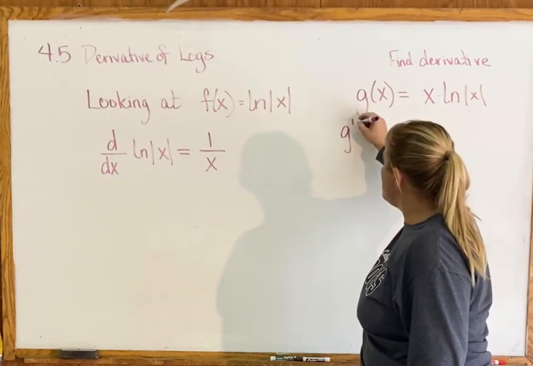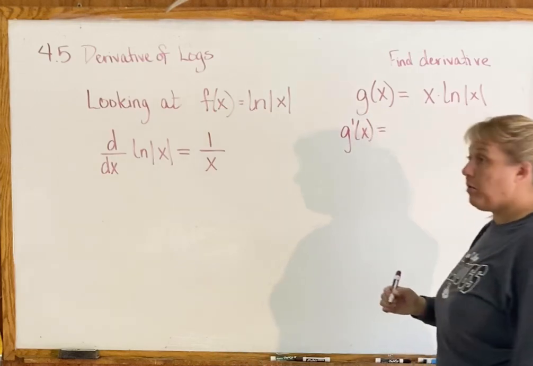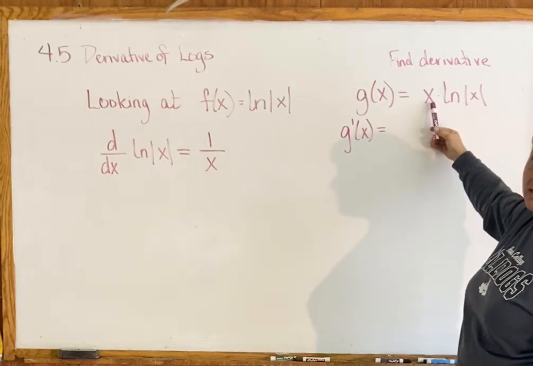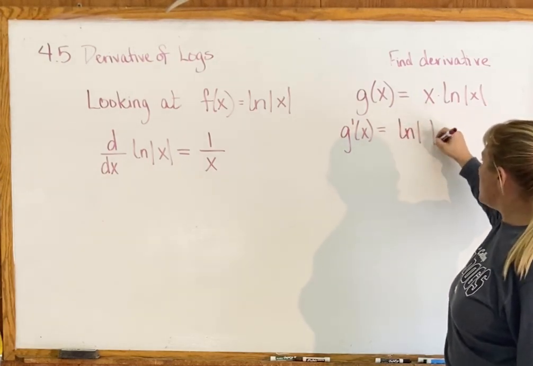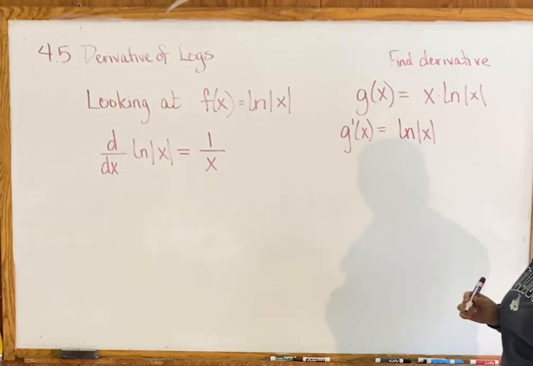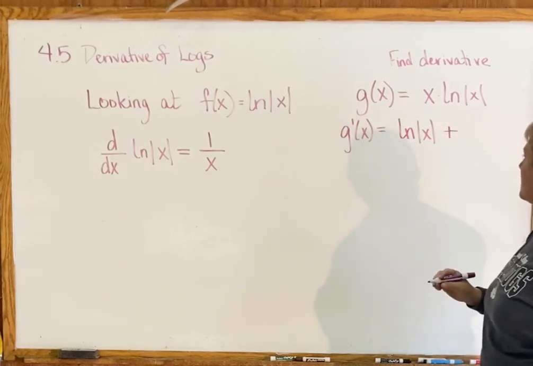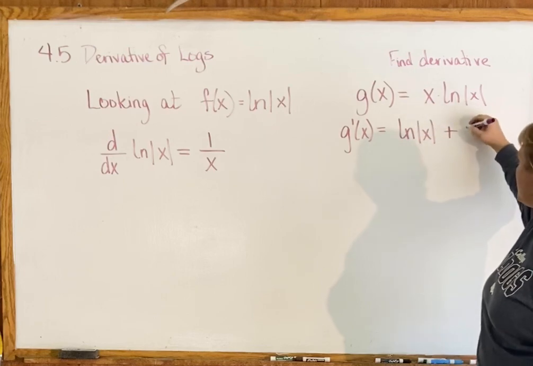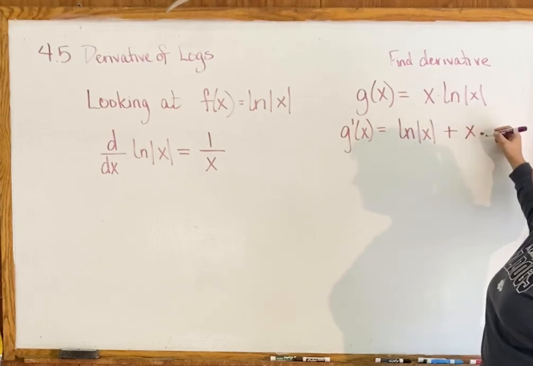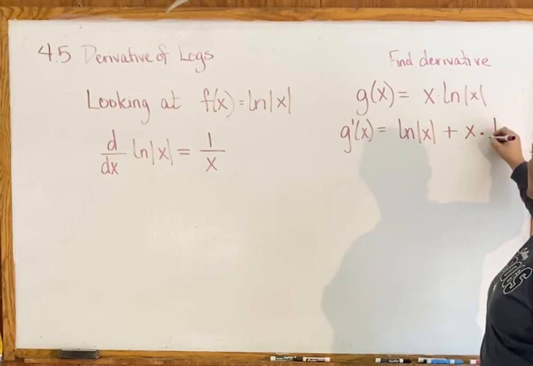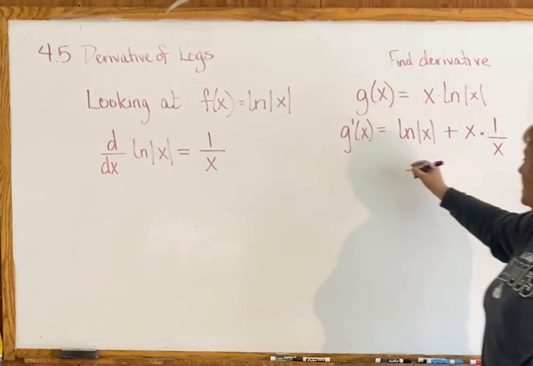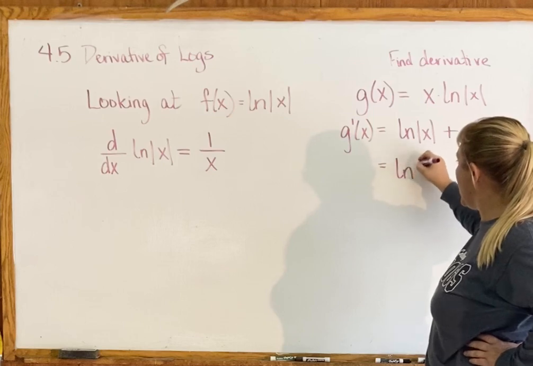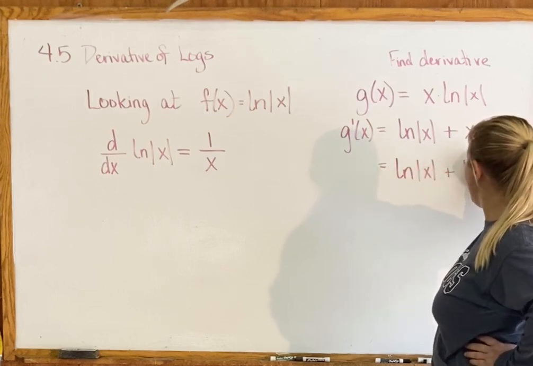So for g prime of x, the derivative of the first is just 1, and then we leave the second, so we're left with the ln of x, plus we leave the first, x, times the derivative of the second, which is 1 over x. Some nice things happen, don't they? Those x's are going to cancel each other out, so we end up with the ln of x plus 1.